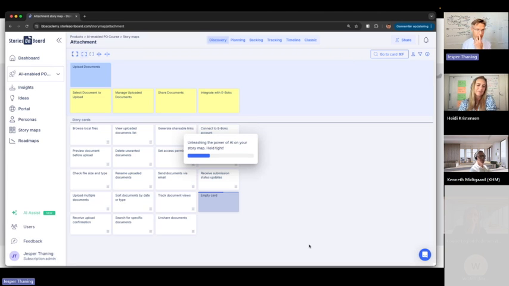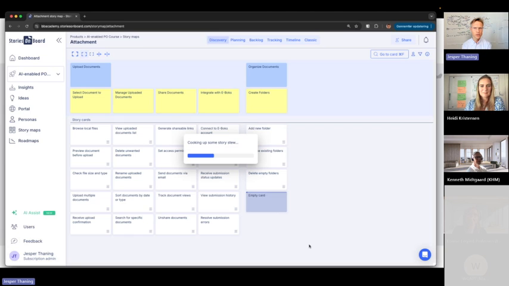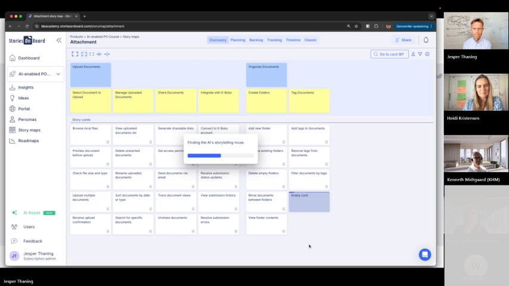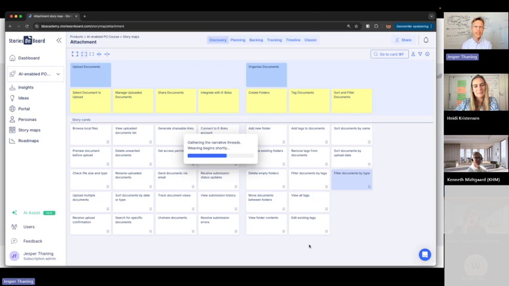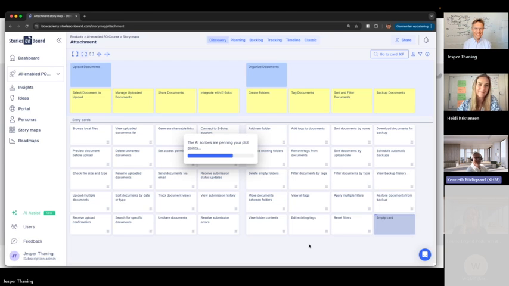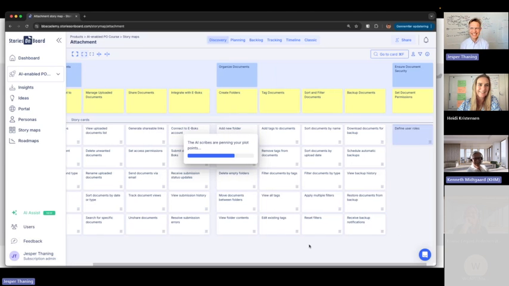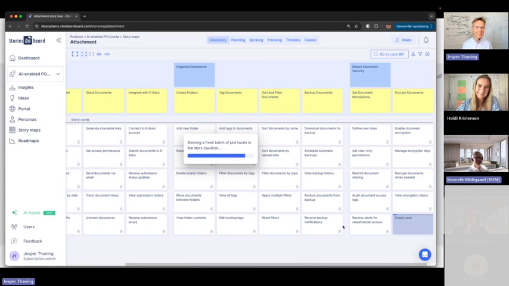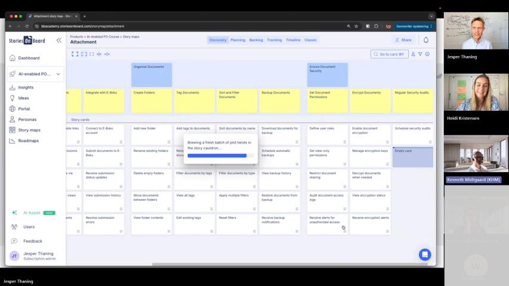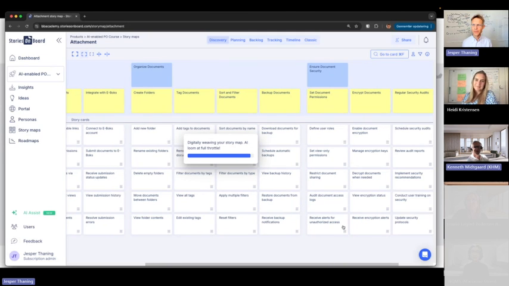And if we can see here, I have to select document to upload, manage uploaded documents, share documents, create folders, tag documents. So here you can really see the generative AI. It's filling in a lot of things here. Perhaps it's too much. Yeah, we've never been finished with this. No, exactly. But it's possible to actually decide what to dig into and what not to. Yes. Right. To scope the project.